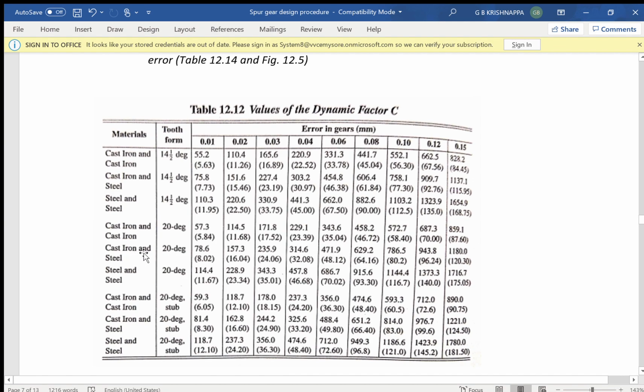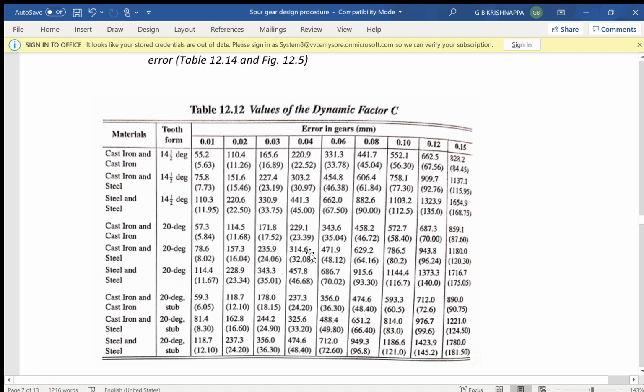through interpolation you can obtain a value of C for error 0.05 mm. Linear interpolation holds good for this. For 0.04, the C value is 314.6 Newton per mm or kilonewton per meter.